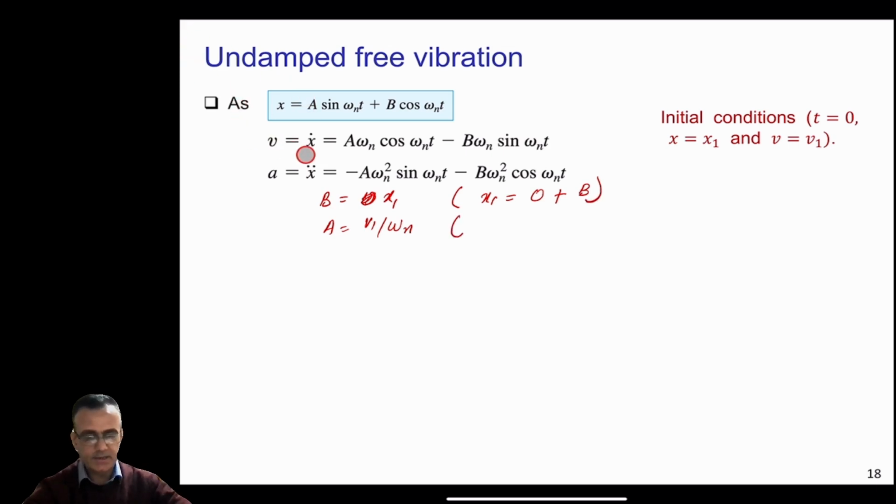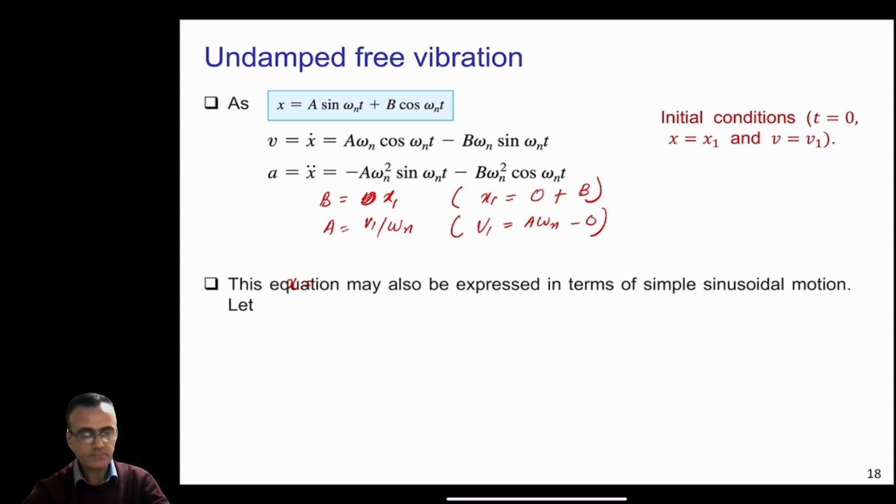And for the second case, v1 becomes equal to a omega n, because cos 0 is 1 and sine 0 is 0, minus 0 here. So from here you calculate a, which is v1 divided by omega n. This means that x becomes equal to v1 divided by omega n sine omega nt plus x1 cos omega nt.